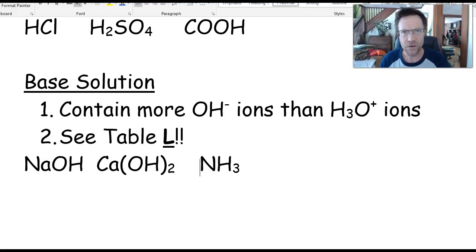No hydroxide in it though, right? I know. We will get there. I'll show you how that works. But when you put ammonia into water, it makes a basic solution. And we're defining a basic solution as anything that has more hydroxide than hydronium. You put ammonia in water and it makes a whole bunch of hydroxide. That's why ammonia is such a good cleaner.